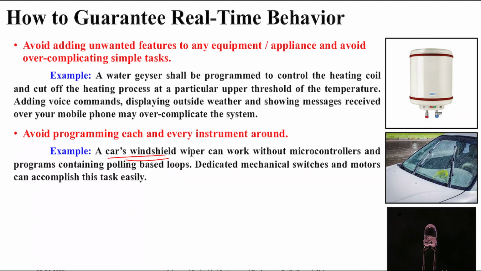But suppose we add this feature in a microcontroller to check whether the wiper is in the left position or the right position, at what speed the wiper is moving and so on, then based on that, we are actually further complicating the system, and we are delaying the other functionalities which may be there in the car, which may be very important in real time.